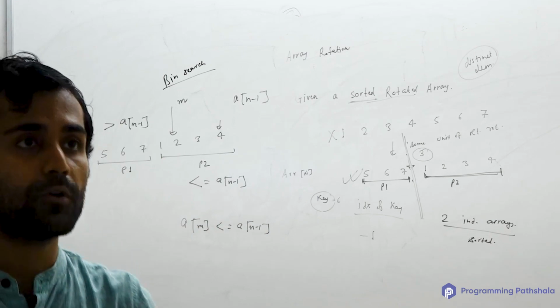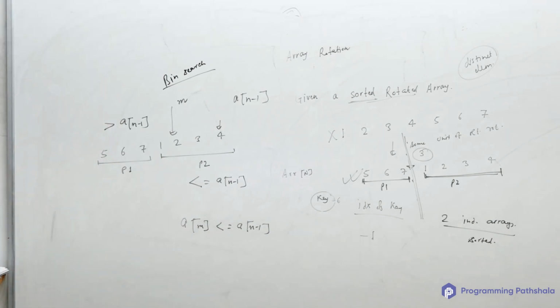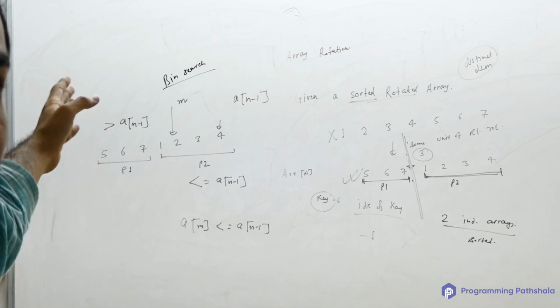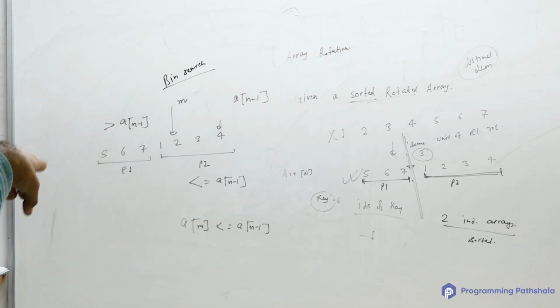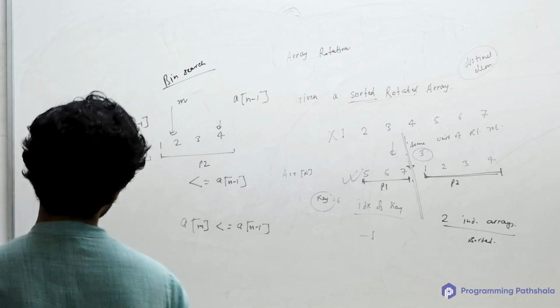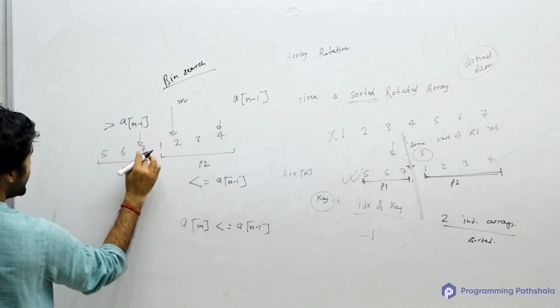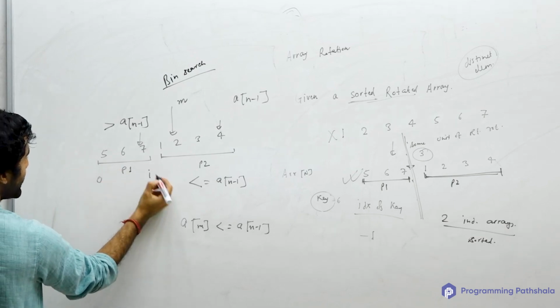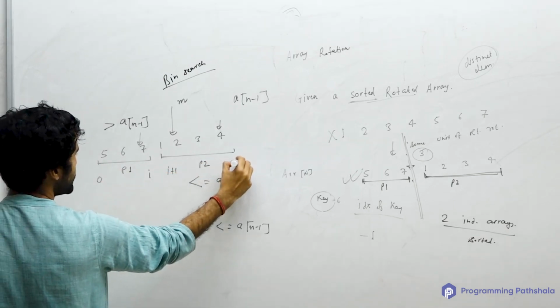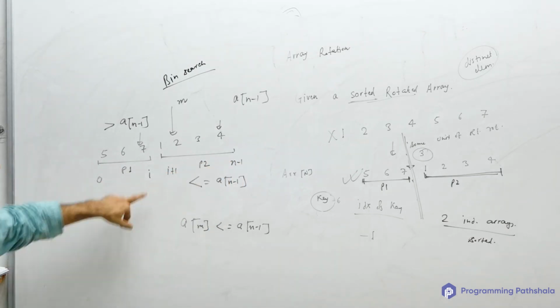Does it mean I am on the right side of the point that I am trying to find? I am trying to find that 7, right? You are trying to find the index of this 7, because if that index is i, then you have a portion 0 to i and a portion from i+1 to n-1, which are sorted in themselves. So this i is to be found.